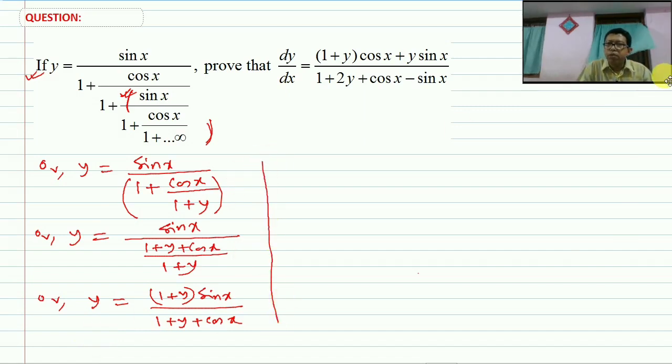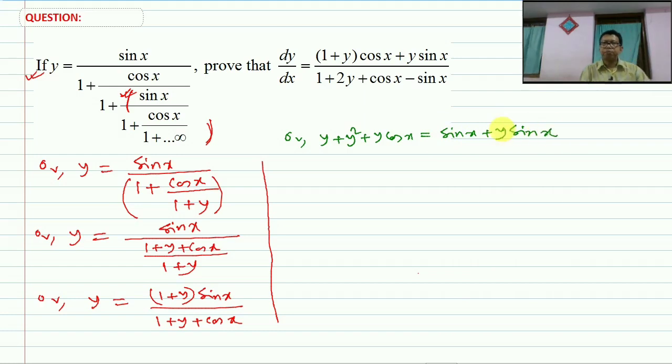If you cross multiply, you will get, now I write it here, y times 1 plus y plus cos x, so y plus y square plus y cos of x is equal to 1 plus y into sin x, so sin of x plus y sin x.